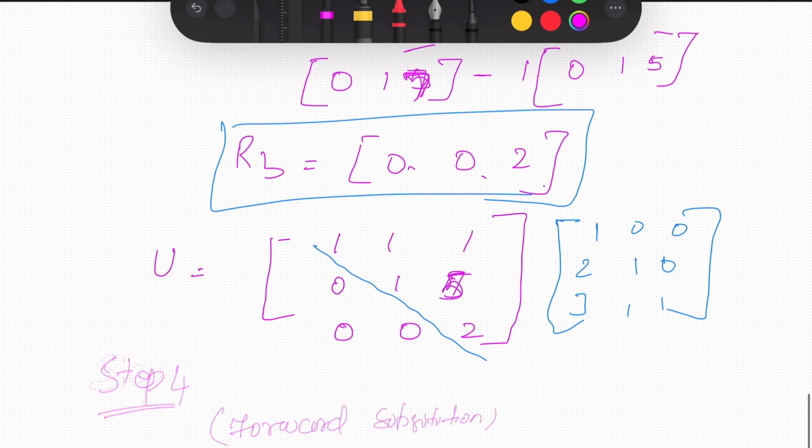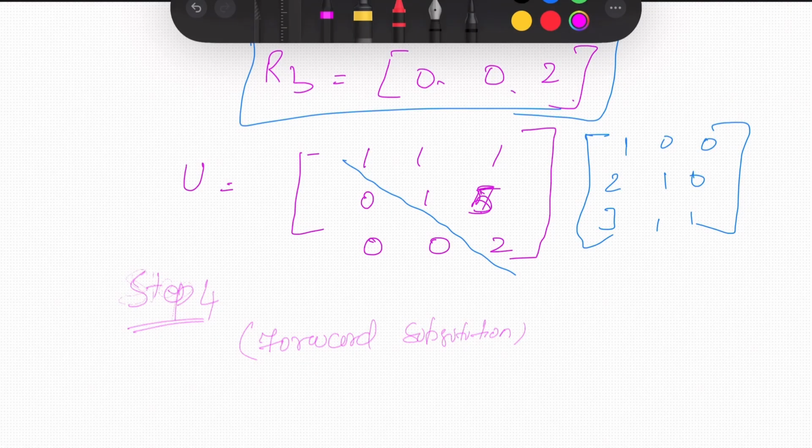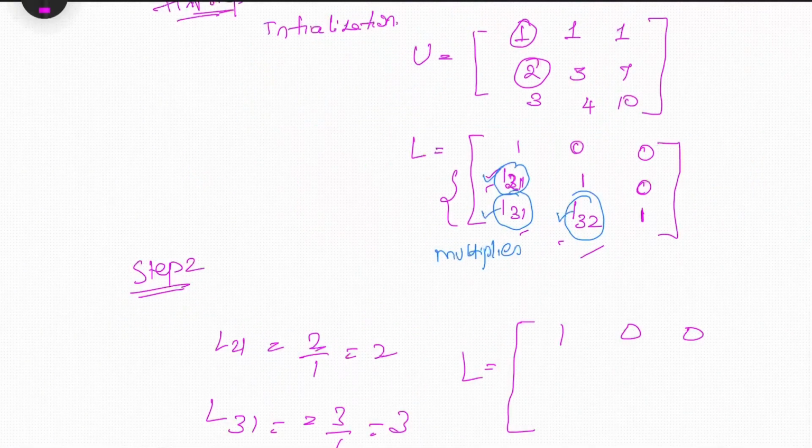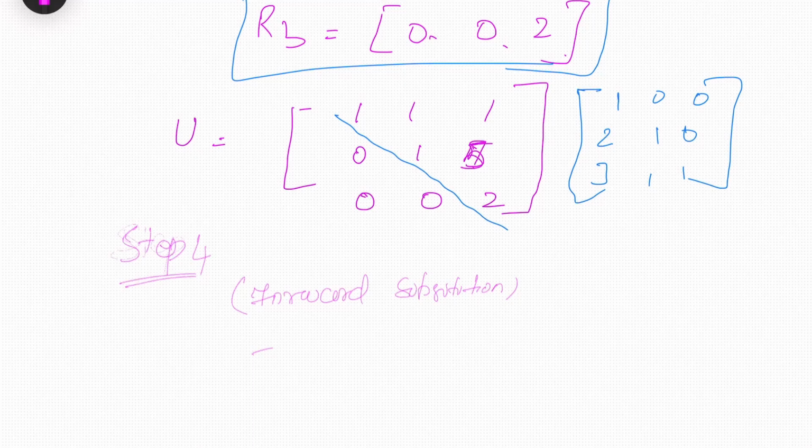Now we have to go for step 3, where we have to find the multiplier L32, right? So step 3 is finding the multiplier of the lower decomposition matrix. So that is L32, this value we are going to find. Here L32 is 1 divided by 1, which is equal to 1.